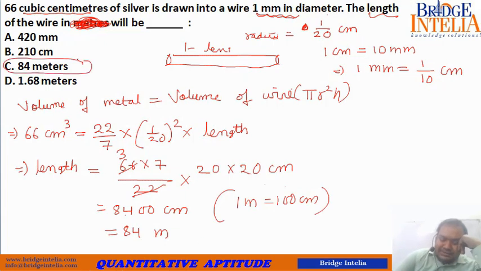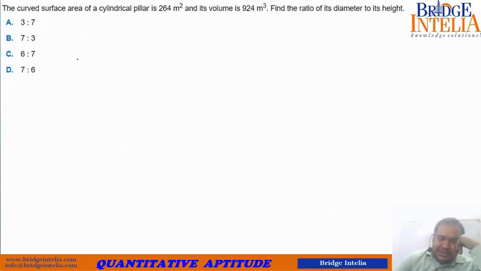So now let's move forward. The curved surface area of a cylindrical pillar is this much and its volume is this much. Find the ratio of its diameter to its height. Now understand, the curved surface area of a pillar.